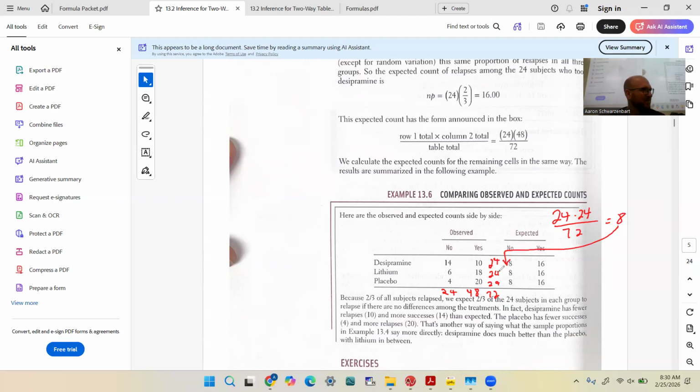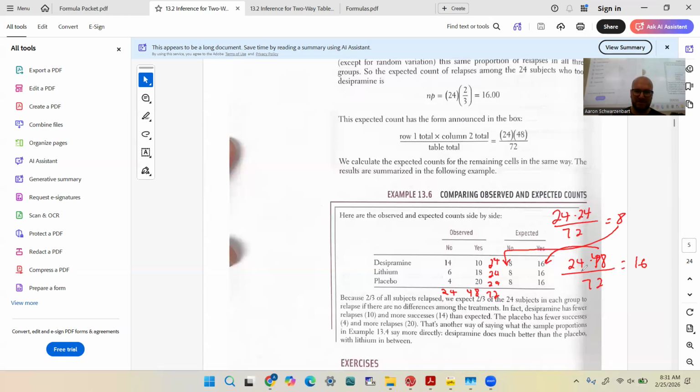That goes there. Now, because all the rows were 24 and this column is 24, all of those are going to be 8. The next one, 24 times column total 48 over 72 is 16. Again, since every row was 24, that whole column's going to be 16.